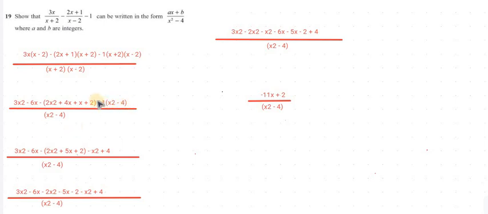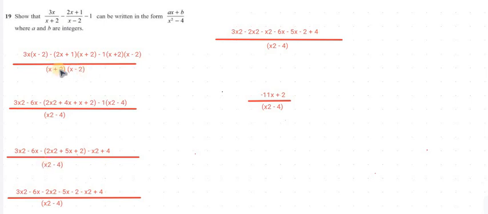But that stays in a bracket because you still have this minus 1 outside here that needs to be multiplied into the brackets. So you have 3x squared minus 6x, and that's simplified now, so you have 2x squared plus 5x plus 2. And then you open this one, multiply the minus 1 in, so you have minus x squared, minus 1 times minus 4, that'll be plus 4.